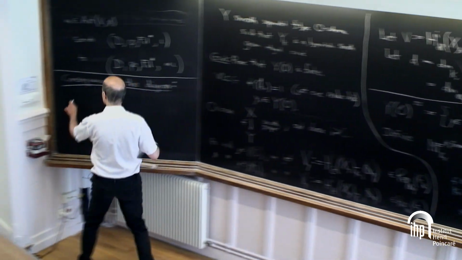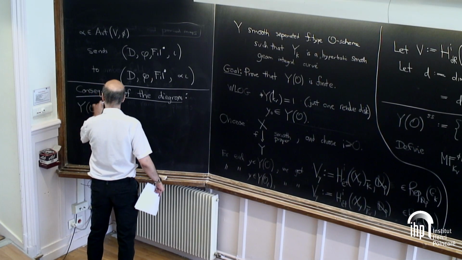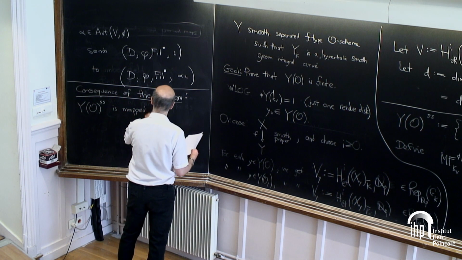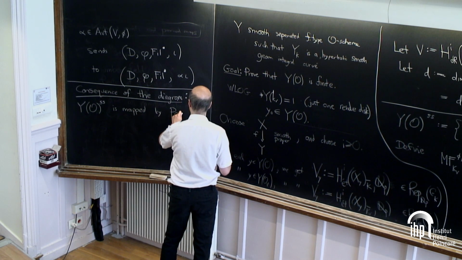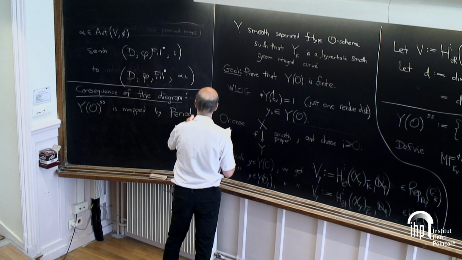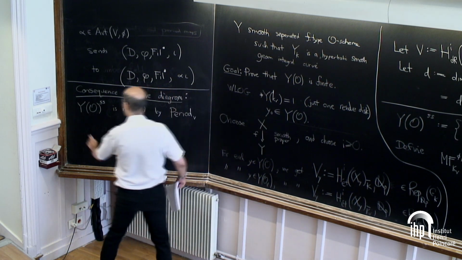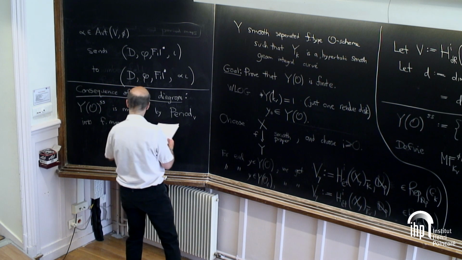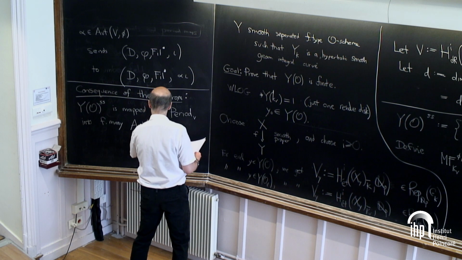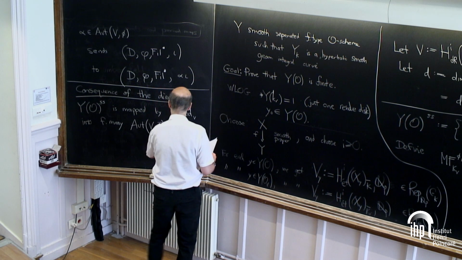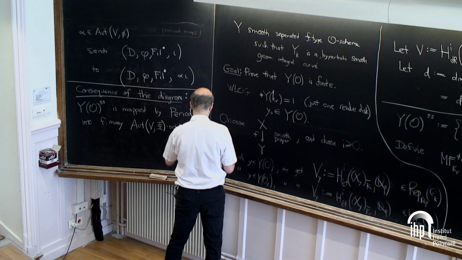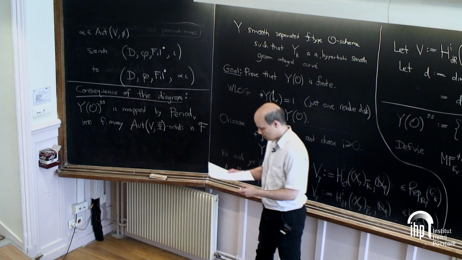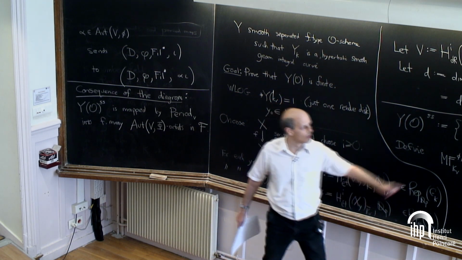So let me just write the conclusion: this set of points, which we're trying to prove is finite, is mapped by the period map, which is one way of going to that flag variety, into finitely many orbits, orbits of this algebraic group, finitely many orbits inside F. Was that okay?